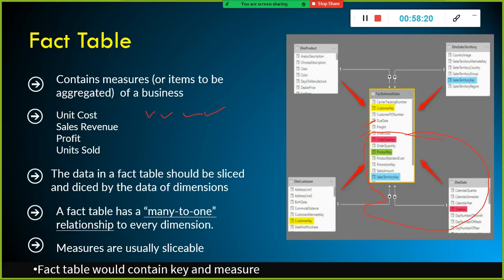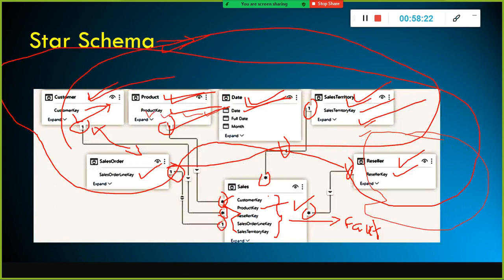Similarly, if you keep that in mind and refer to this one, the product table will have only one record for each product. For each region, only one record will be there in the sales territory table. For each customer, only one record will be there in the customer table.